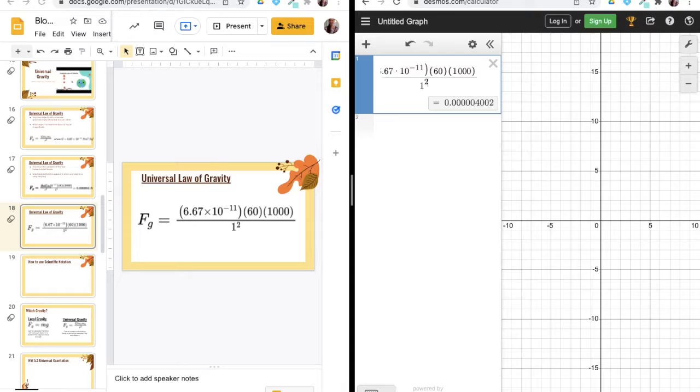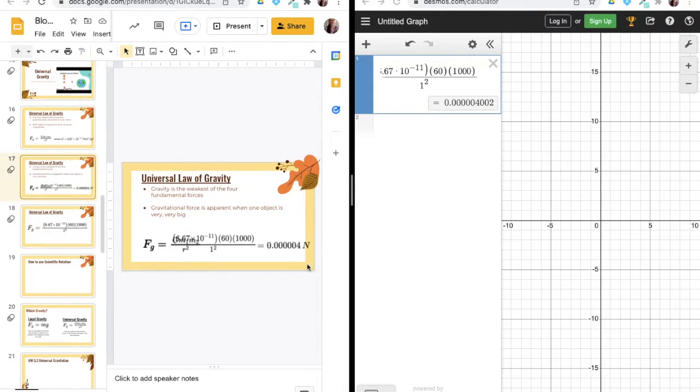This gets me 0.000004. And I might want to write this including all the zeros, or I can do powers of 10. Maybe I write this as 4 times 10 to the negative 1, 2, 3, 4, 5, 6. I'm counting the decimal places from the left to the right so that the decimal ends up between the 4 and the 0.